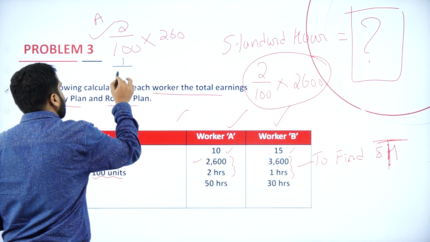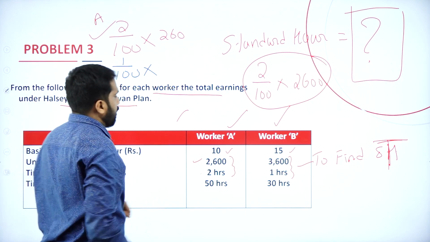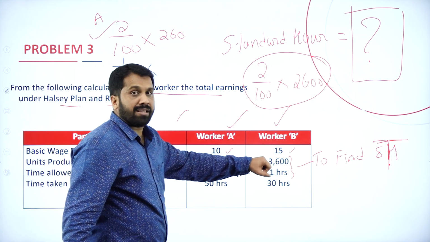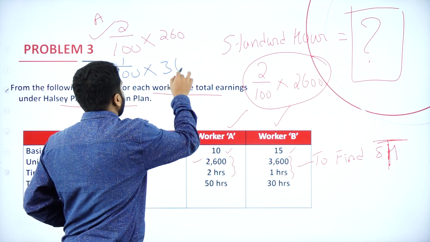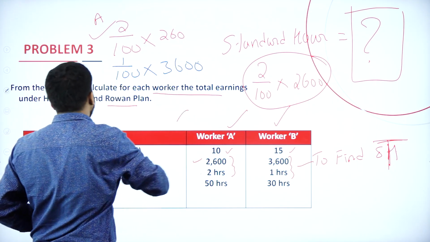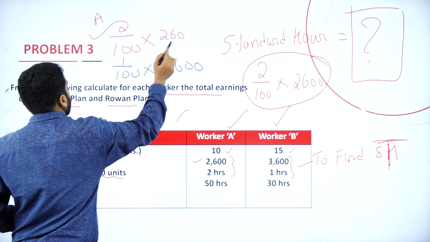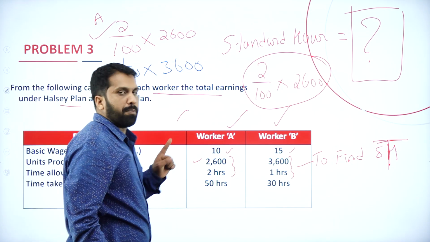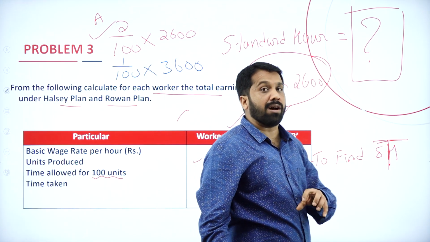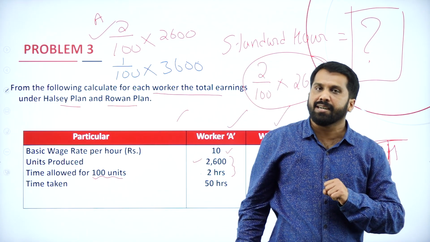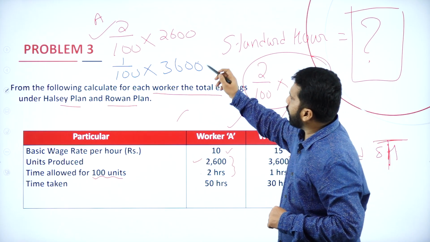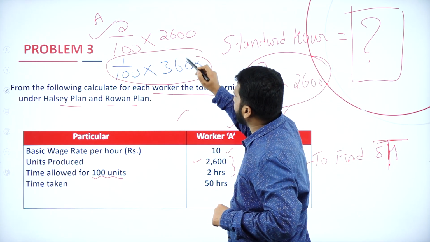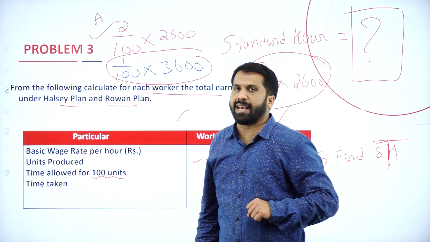You are producing how many units? 3600. So this must be 36 hours. Hope you understood. Like this, you have to find out your standard hour.